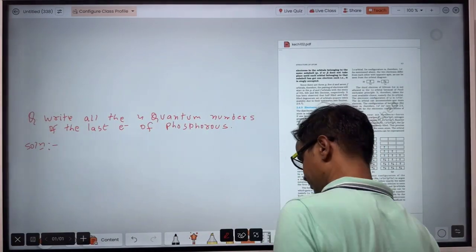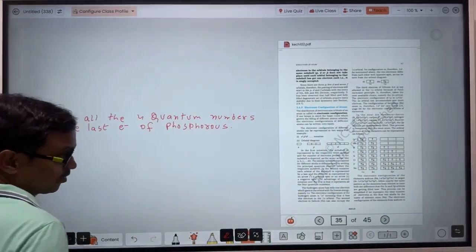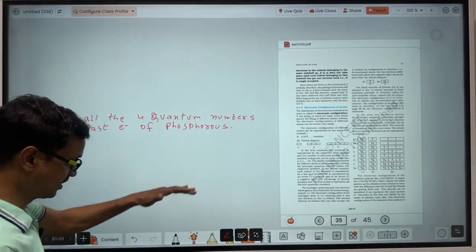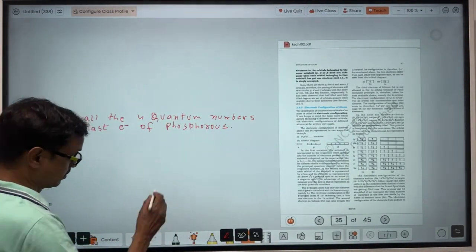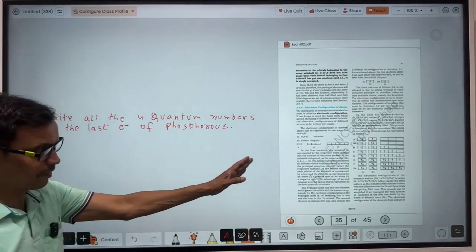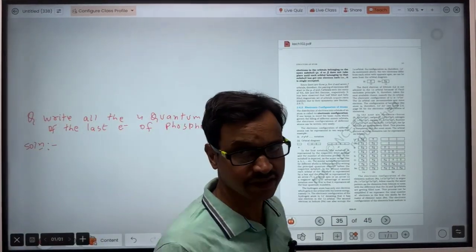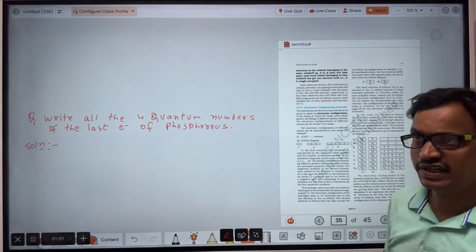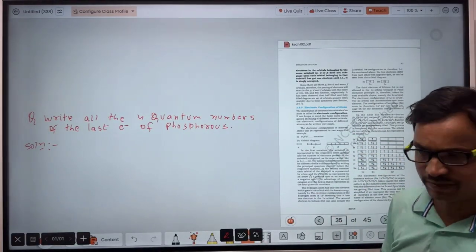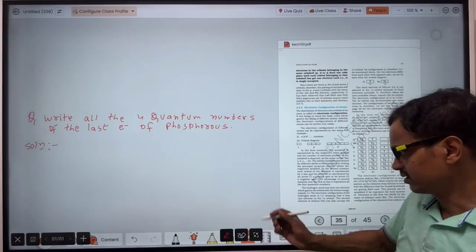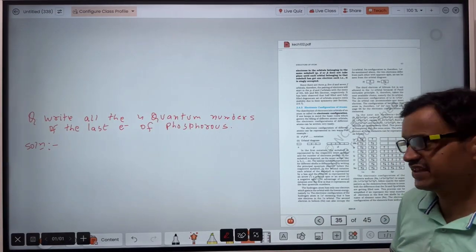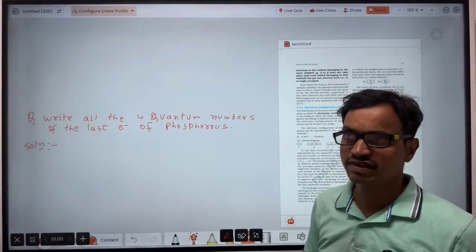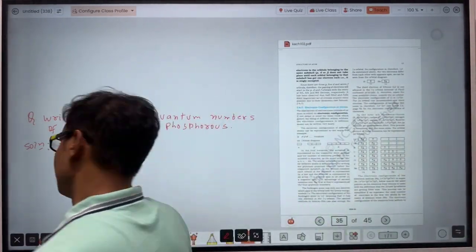Let's see the increasing energy order. Here I am telling you how to write the energy order. Previously I told you how to predict the increasing energy order of the various orbitals. Now let's see another method by which you can find the increasing energy order of various orbitals faster.